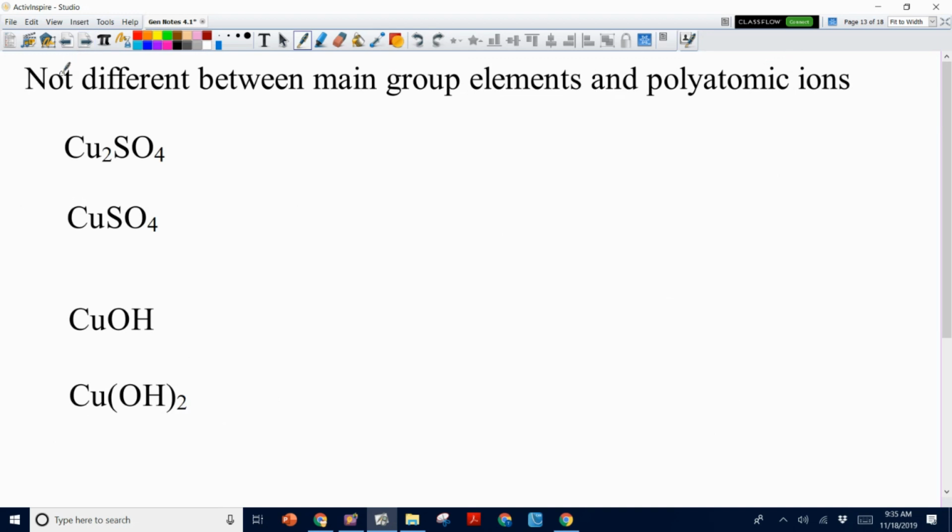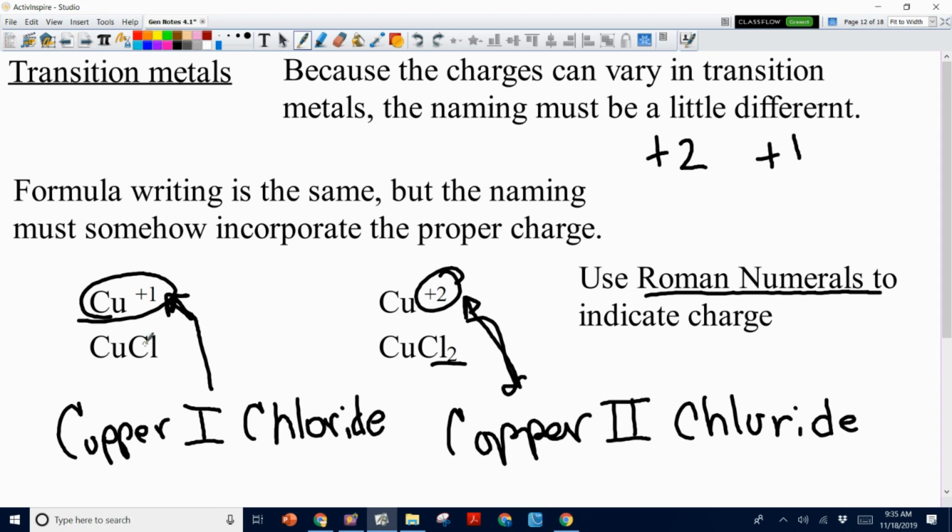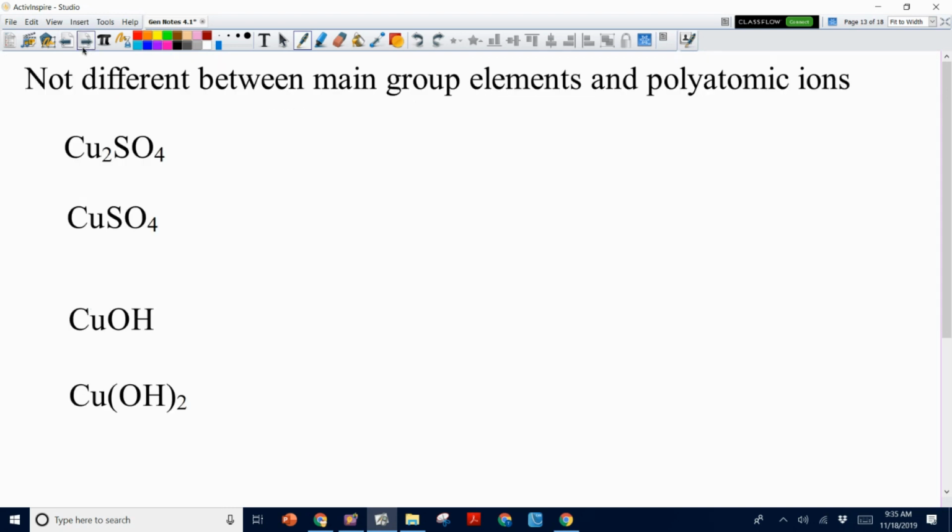Okay, so here's some more that we have to name here. And if we use a polyatomic ion as opposed to a main group element, it's the very exact same way. So on this is copper 1. And then SO4 is a polyatomic ion called sulfate. So it's the very exact same rule.